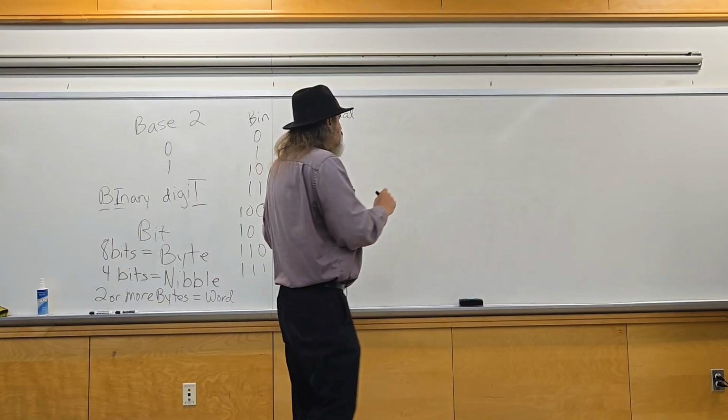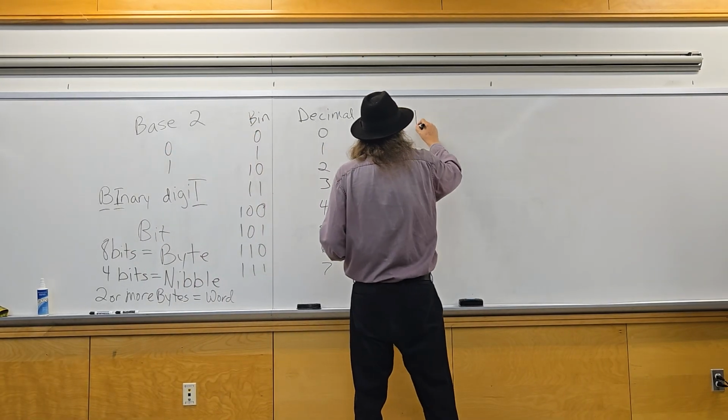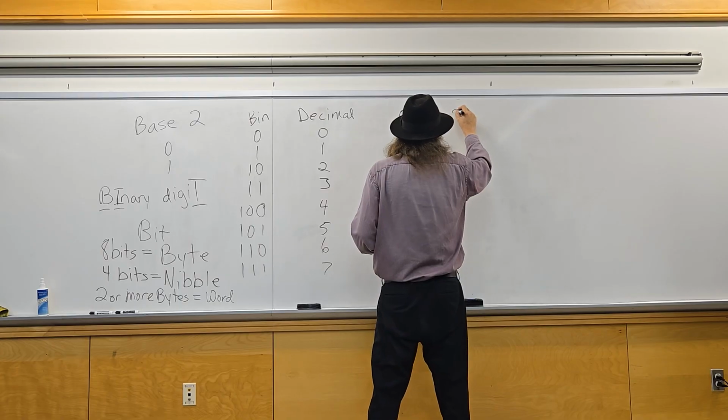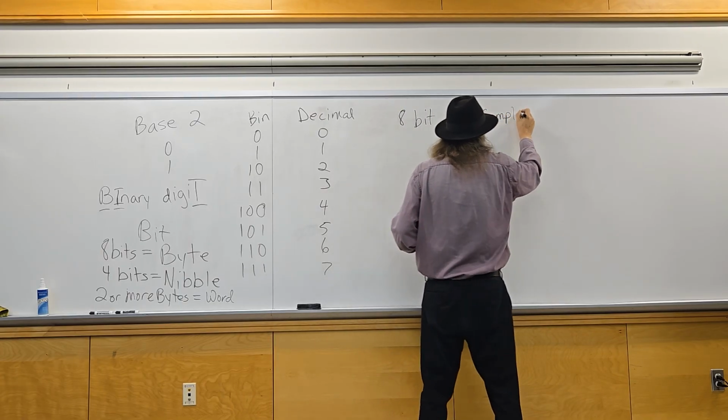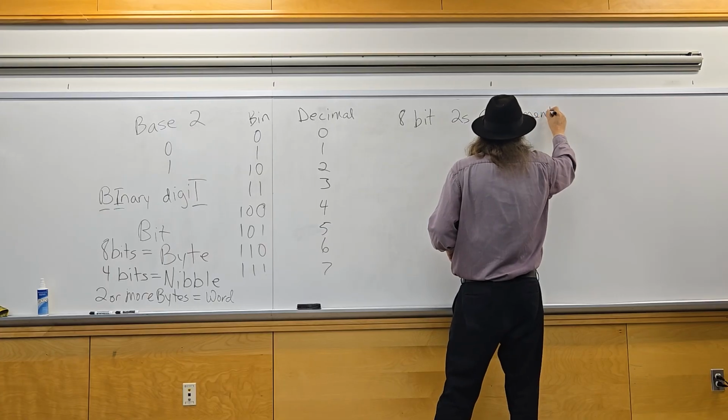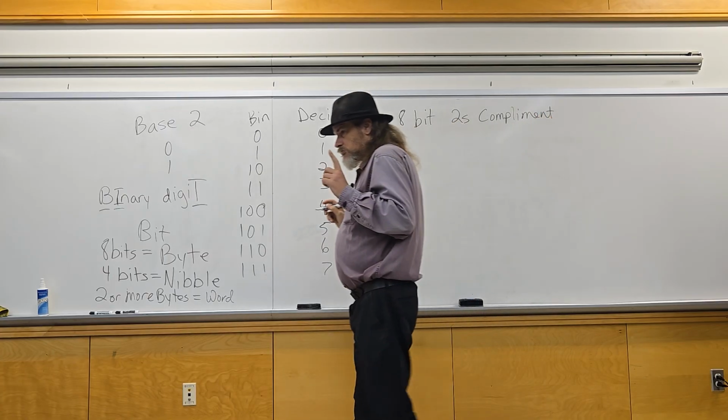So an 8-bit 2's complement is going to have 8 bits.